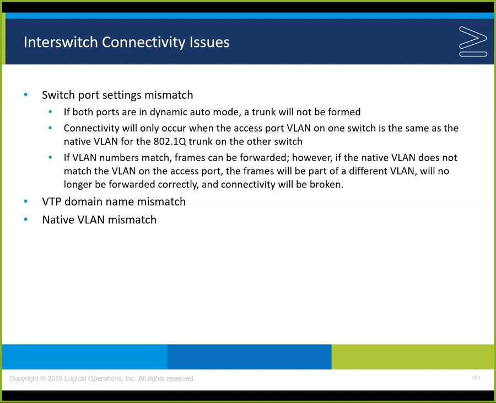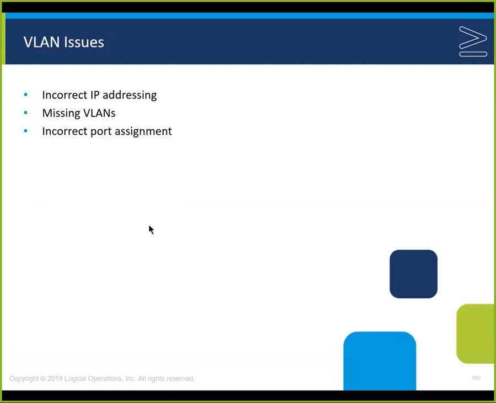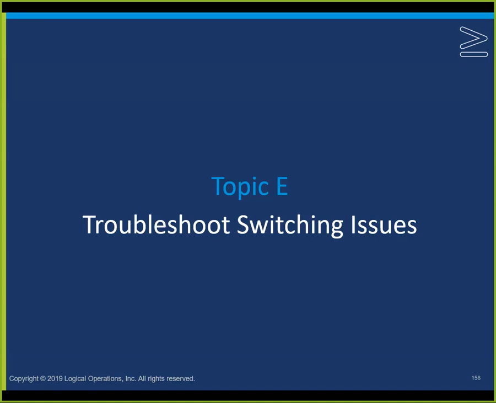If you're not getting them, be sure that the switch isn't in transparent mode, that it's not getting the VLAN information from the server. If it can't create it, well, it's probably going to be in client mode. If it's not getting it, it could be in transparent mode. It's not sending it. Transparent mode. These are the things that need to match from one switch to the other.